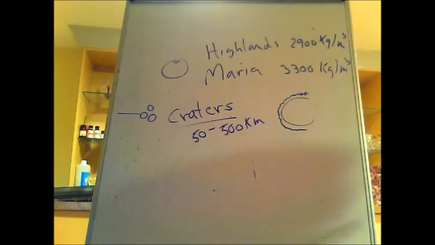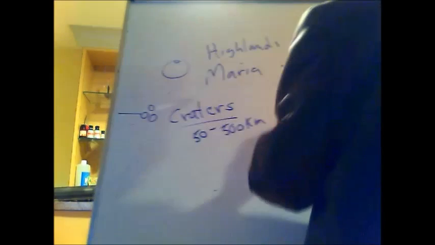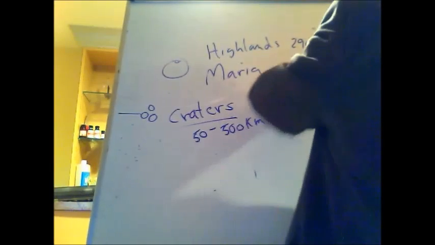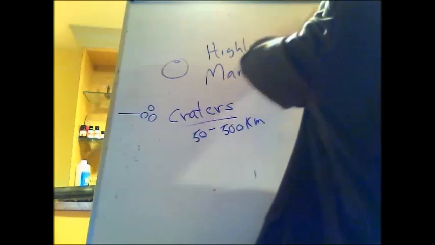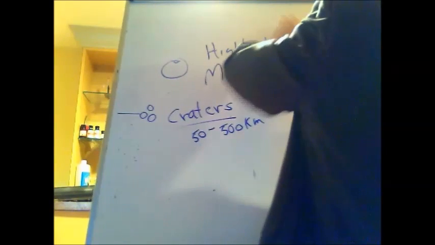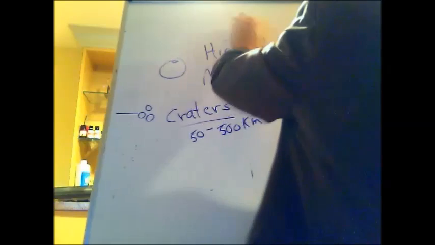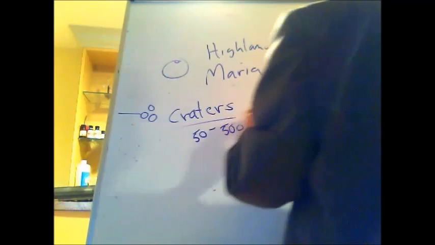Neither Mercury nor the Moon actually has any atmosphere. And the reason for this has to do with escape velocity. We mentioned this a little bit. I don't remember whether it was last week or in the first week, but I did talk about escape velocity. We had a formula to find the velocity of an orbiting object.